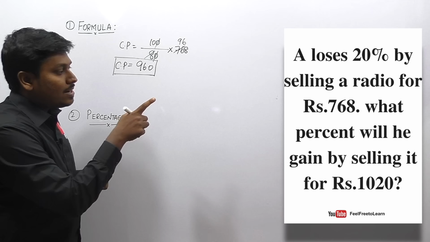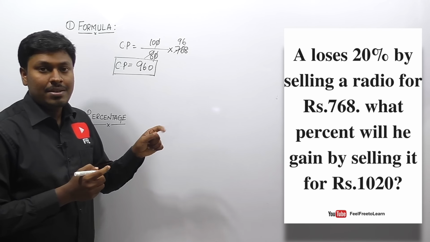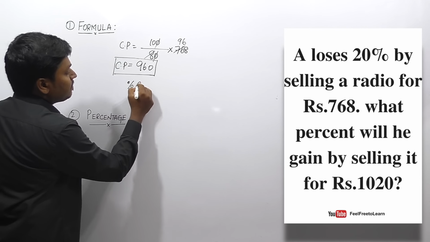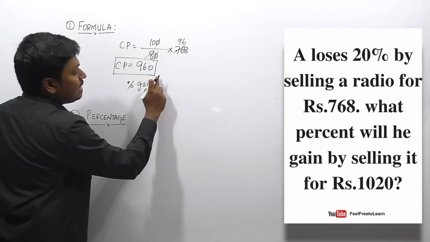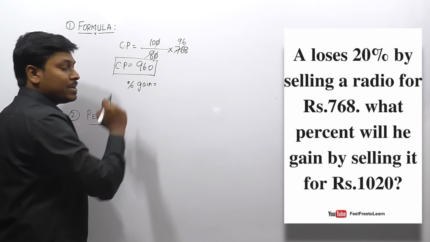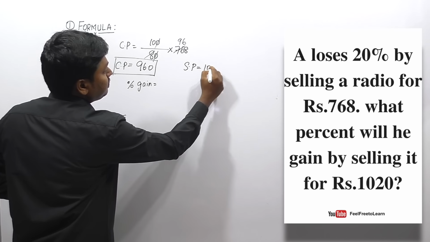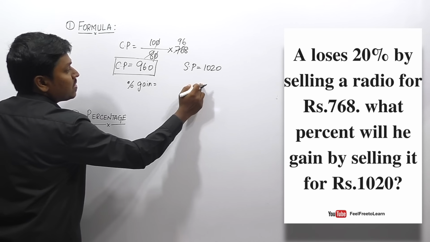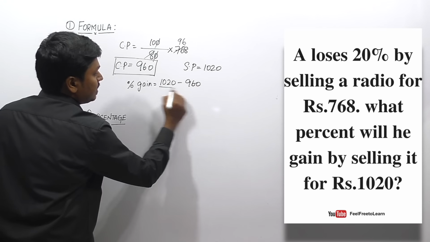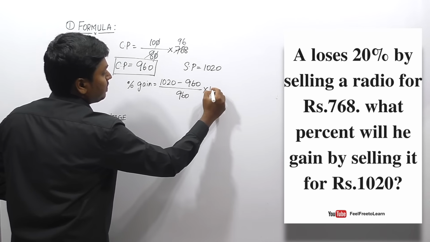Now if he sold the same radio for 1020 rupees, our target is to find the gain percentage. So percentage gain will be selling price minus cost price divided by cost price into 100. We know the cost price is 960 and the selling price is 1020. So 1020 minus 960 divided by 960 into 100.